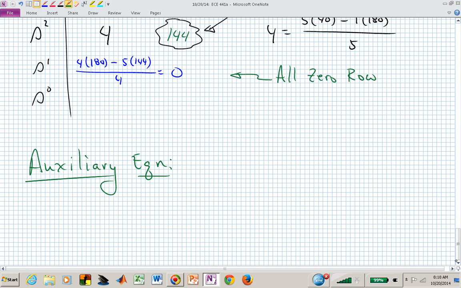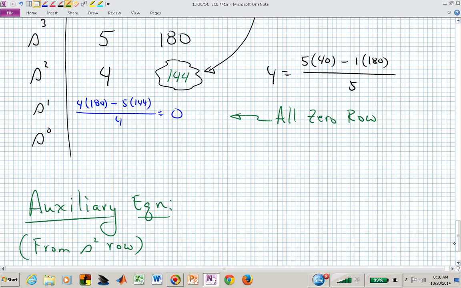In this case, that is coming from the S2 row. The auxiliary equation, let me just call it A of S, A for auxiliary, and it's a function of S. We now have 4 and 144. What's the polynomial associated with 4, 144?